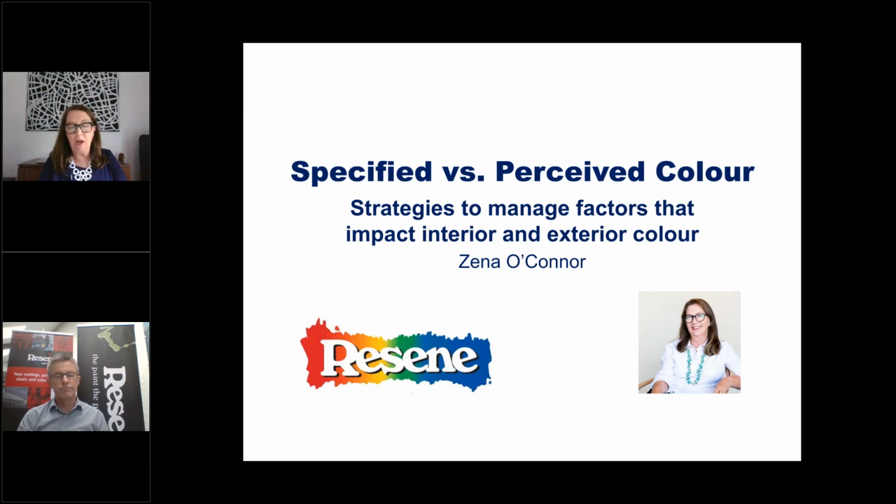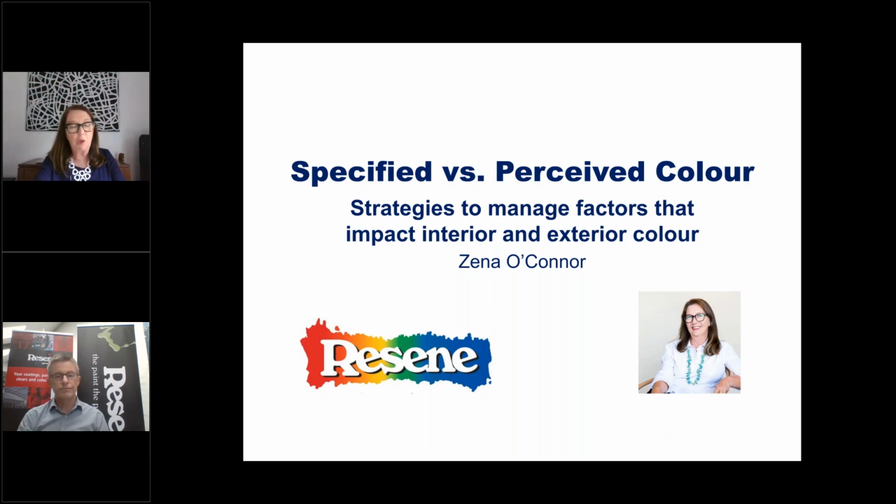Because interior spaces and also exterior facades always tend to vary depending on the amount of light that they're getting, I always do those painted samples, and I generally go with quite a large space, quite a large area, about 1 metre, and I very often do 2 of those. So I'll do 1 metre in an area that gets direct light, and 1 metre in an area that's in shadow.